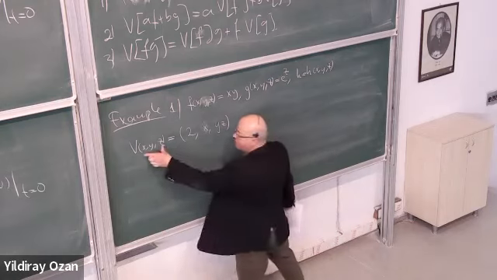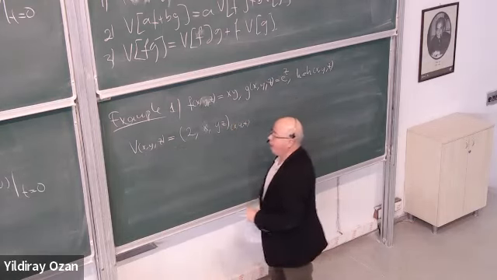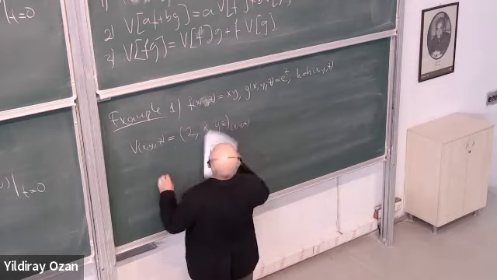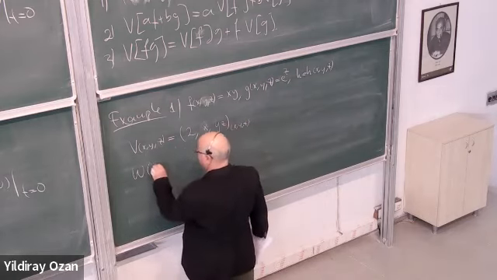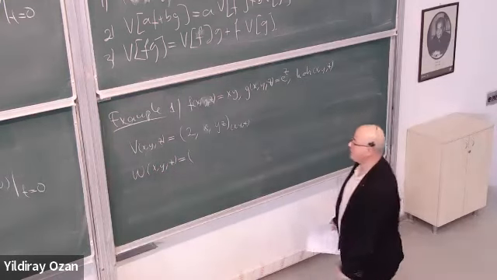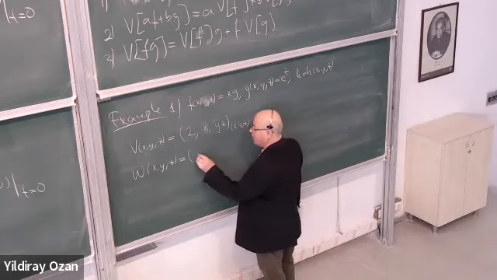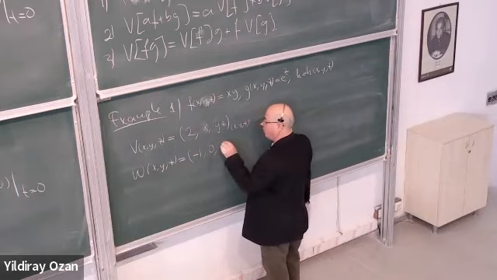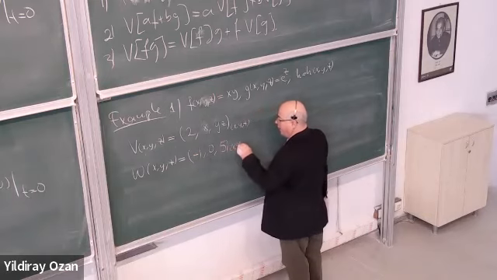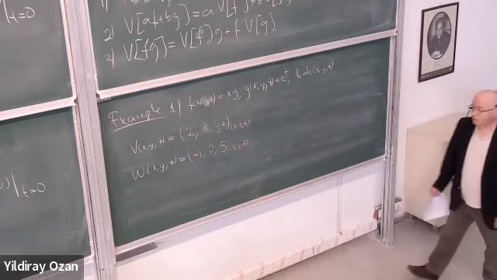So this is my P. And W is another vector field. Suppose it is a constant vector, minus 1, 0, 5, at the point x, y, z.